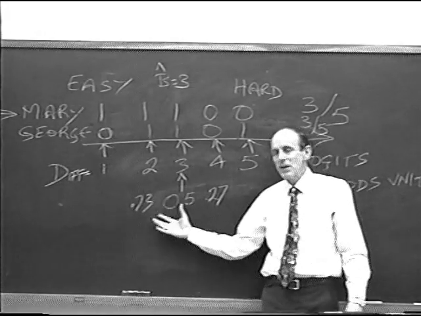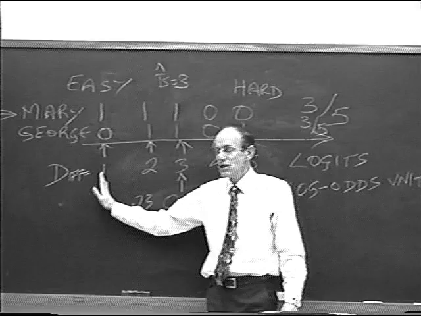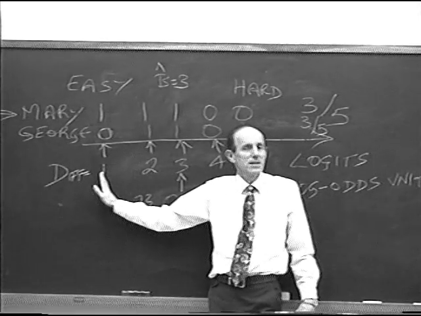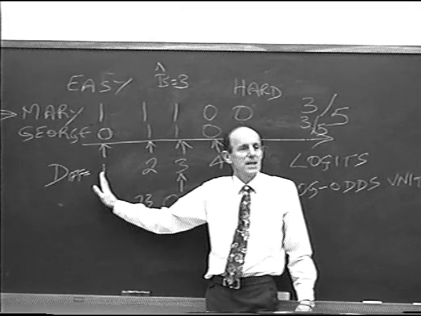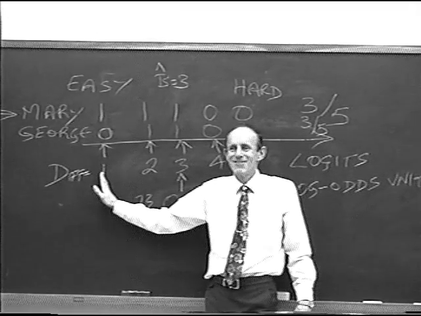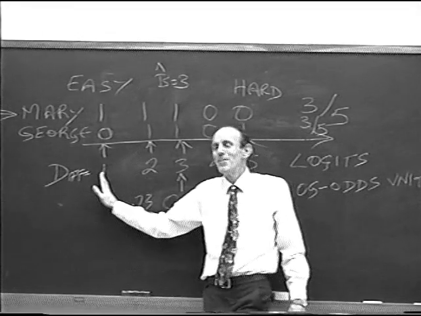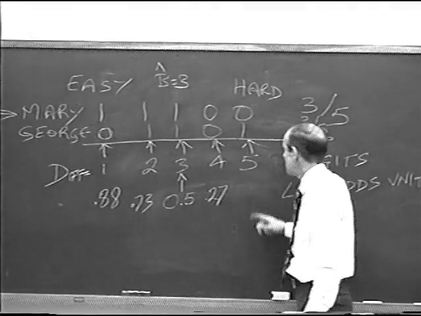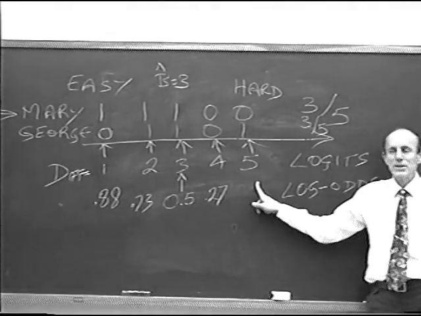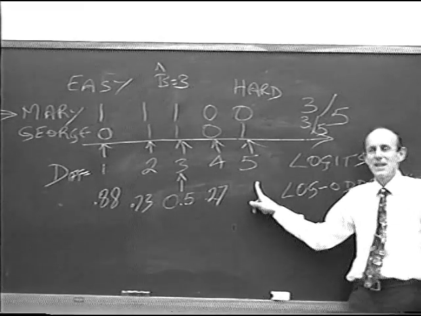And this is symmetrical. So when she's 2 logits smarter than the item, what's her predicted success? Someone looking at their sheet? Pardon? 0.88. 0.88, yes. And when the item is 2 logits more difficult, what's her success then?